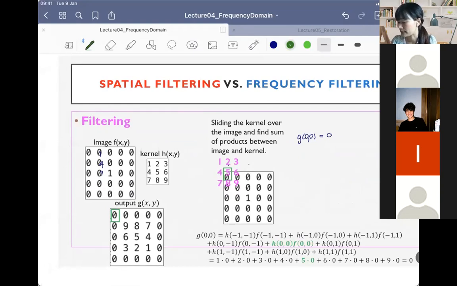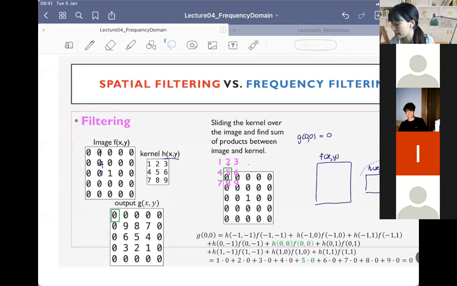What you do with the spatial filtering is when you have an image f(x, y), and you have a kernel. Your kernel could be very small, and I think at that moment I used omega or something like that, but I can use h as well. So how you filter an image, you take one smaller image, or you call it a filter, and you slide it through wherever it has overlapping pixels.